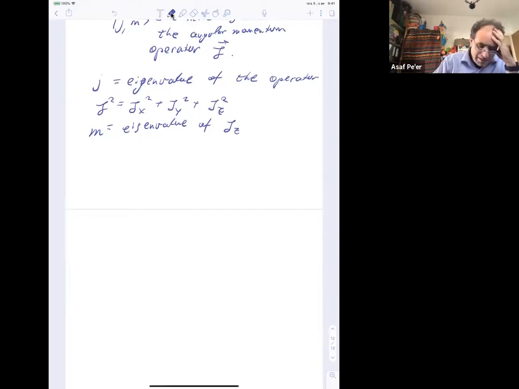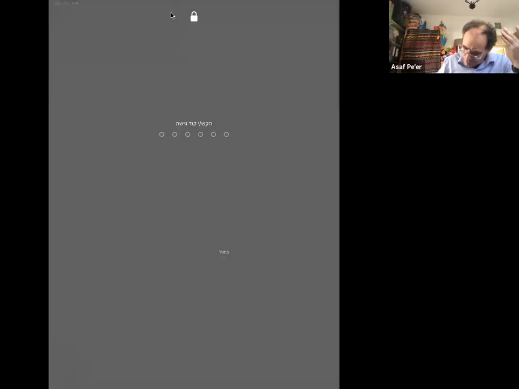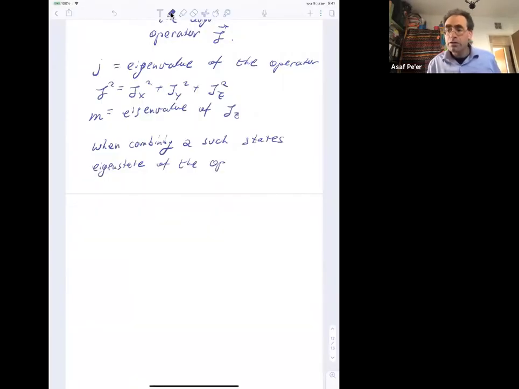The resulting state describes the total system, and is an eigenstate of the operator J. So when combining two such states, we have an eigenstate of the operator J, which is J1 plus J2.